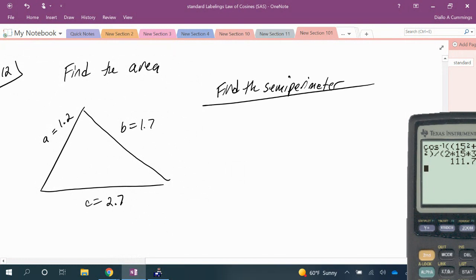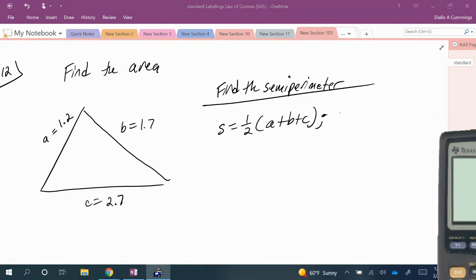All right, so the first thing we have to do is find the semi-perimeter, right? And that has a formula: S is equal to 1/2 times A plus B plus C. So we're going to substitute A for 1.2, B is 1.7, and C is 2.7.